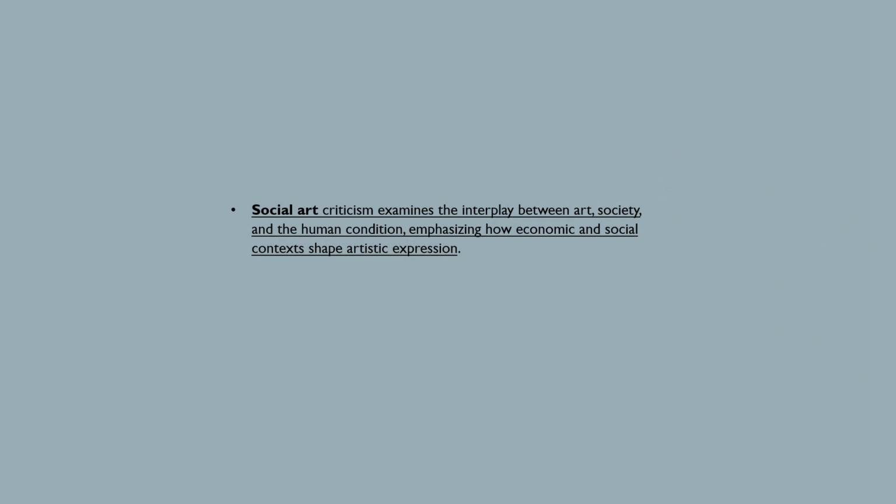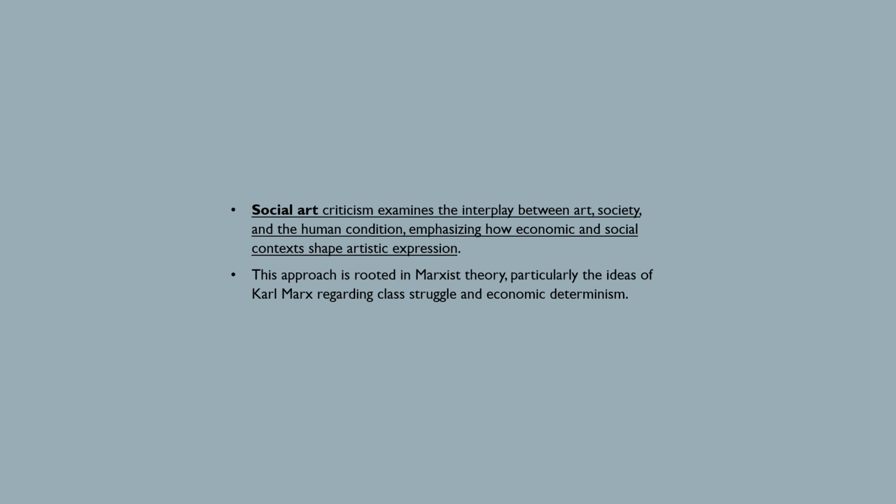Social art criticism examines the interplay between art, society, and the human condition, emphasizing how economic and social contexts shape artistic expression. This approach is rooted in Marxist theory, particularly the ideas of Karl Marx regarding class struggle and economic determinism.